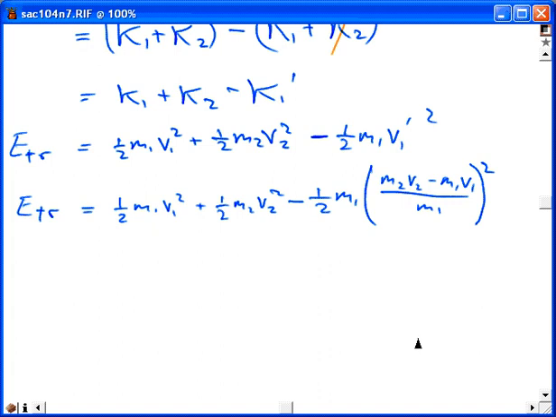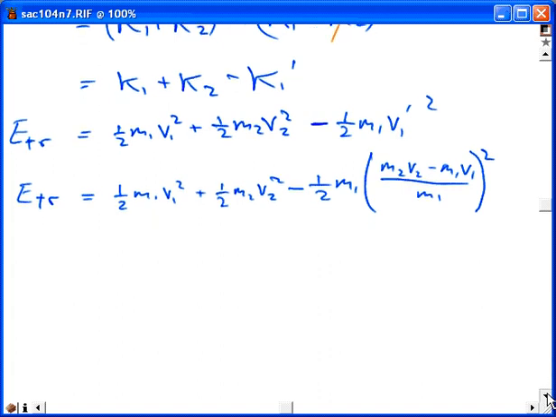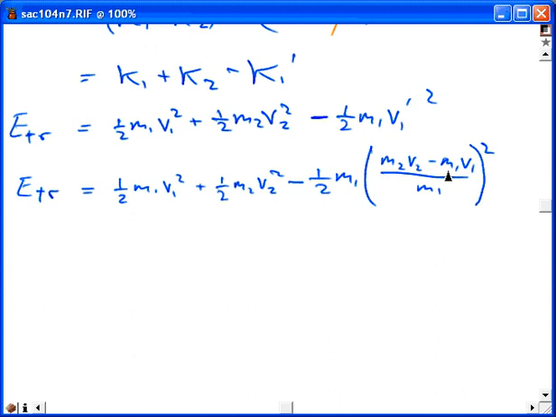I'm thinking it's not going to simplify very much, so I might just leave it like that. I'm going to have another positive 1/2 M1 V1 squared, so that would add on to that one, and then I'll have a minus 1/2 M2 over M1 times V2, all squared.